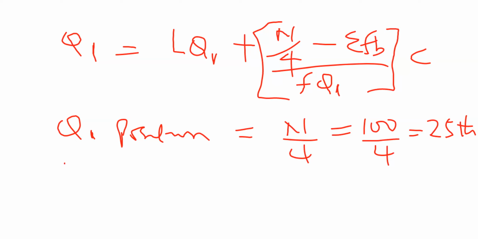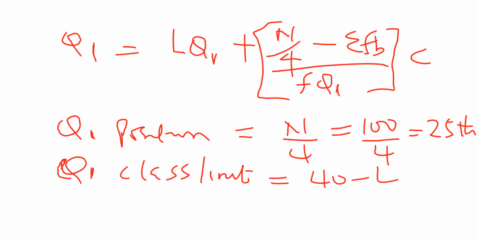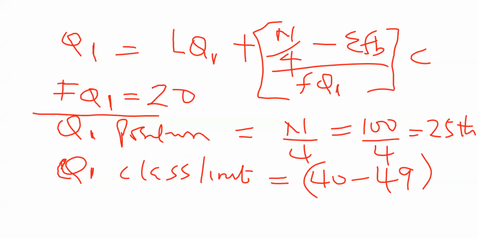So we also change it the way we have done, to 39.5 to 49.5. As for our formula, FQ1 will be 20.